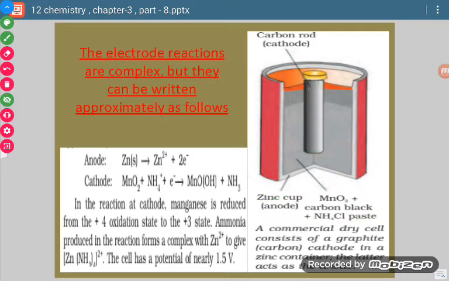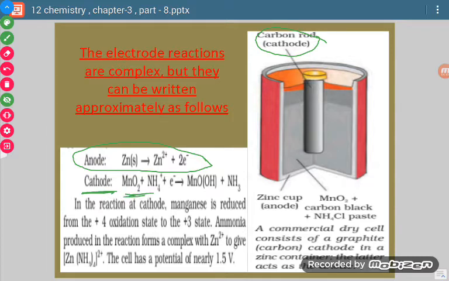Okay, now what are the different reactions which occur in this? The zinc container is the anode, so the oxidation process occurs at zinc. So what happens? Zinc gives Zn2+ plus 2 electrons. Similarly, this carbon rod which acts as cathode provides the surface for the reaction which has to occur at the cathode. So what reaction occurs here?